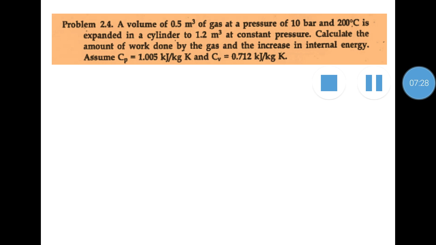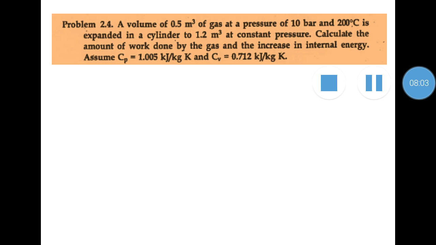A volume of 0.5 meter cube of gas, with initial pressure 10 bar and initial temperature 200 degrees Celsius, is expanded in a cylinder to 1.2 meter cube. So V1 is equal to 0.5 meter cube, it is expanded to V2 1.2 meter cube, and at a constant pressure. That means P1 is equal to P2 is equal to 10 bar, it remains. So calculate the amount of work done by the gas.